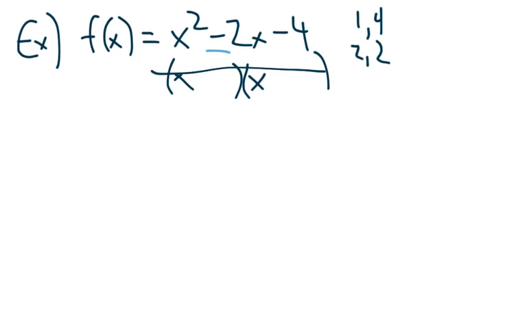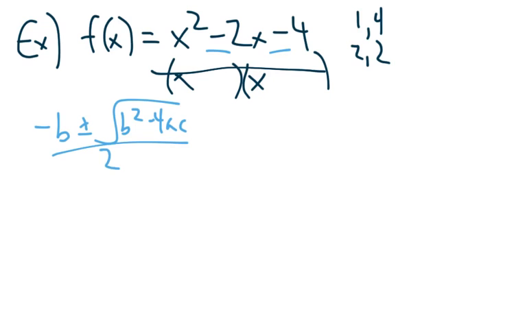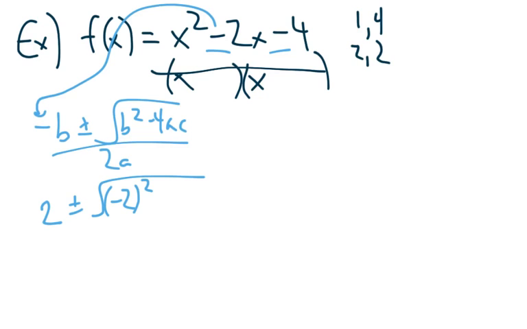Now, we got to watch out for a couple negatives we have here. When the formula says it's negative b plus or minus the square root of b squared minus 4ac over 2a, the negative is going to cancel itself out here because of the negative with negative b. So we get 2 plus or minus the square root of negative 2 squared. This will pretty much always be a positive number because it's in parentheses and it will cancel out the negative as well.